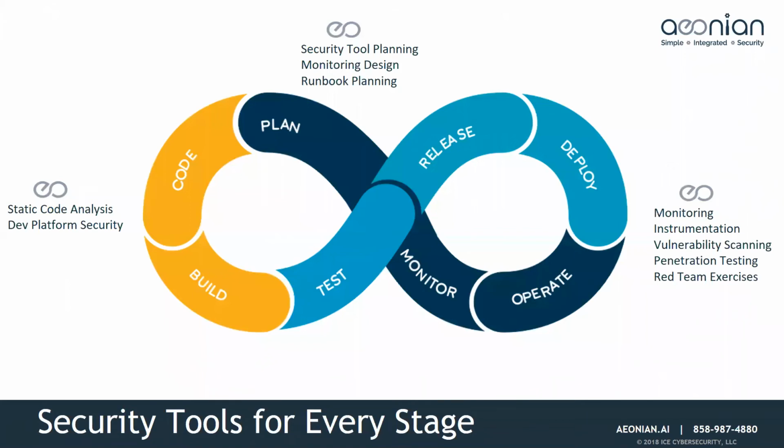So how do we take ownership of that, and how do we get in front of that as a dev team so that the government doesn't tell us what to do? And that's really in this design of your security tooling into your application, design of your monitoring plan, and planning the runbook for operation as you're in the development phase.